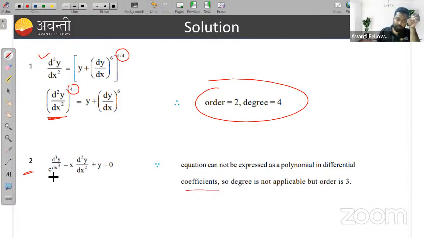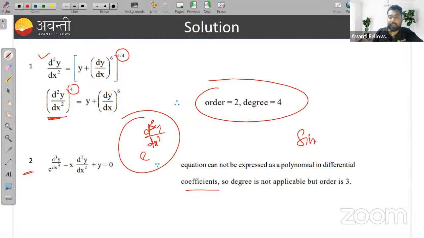Polynomial in differential coefficients means d³y/dx³ should be present in the power of e, or if you have sine of d³y/dx³, the degree also cannot be defined. So in the second question, the degree cannot be defined. Okay, got it? So let's move.